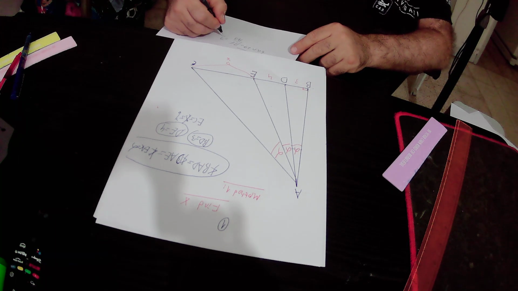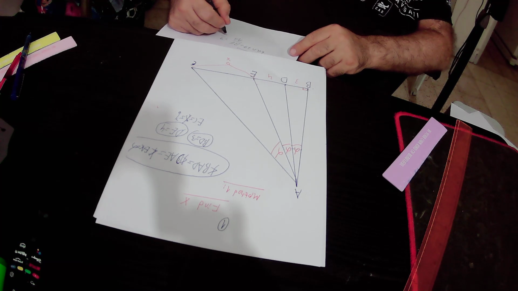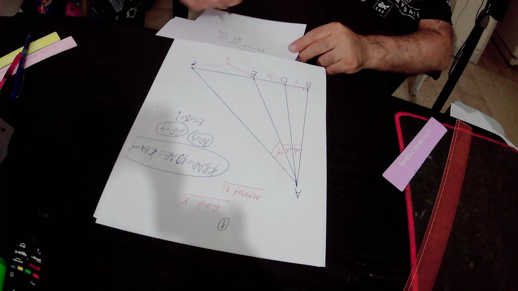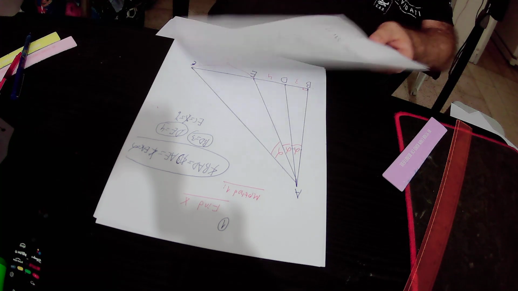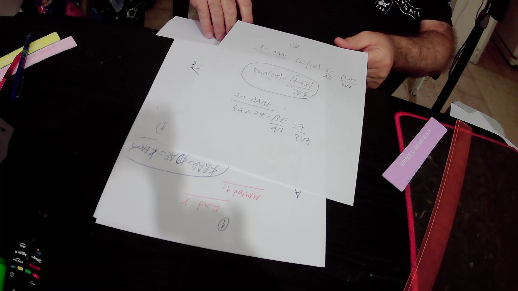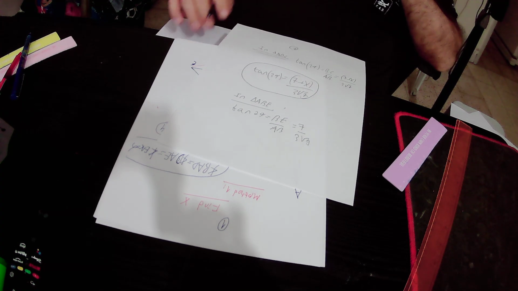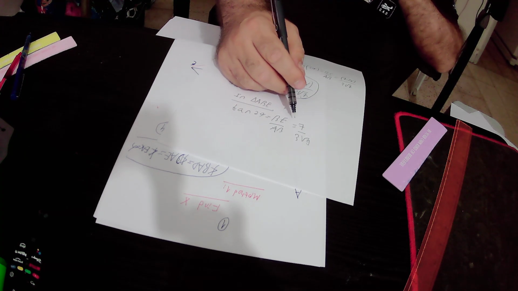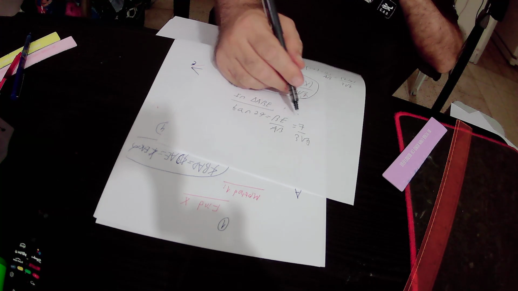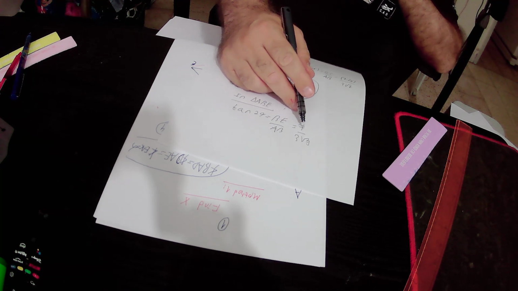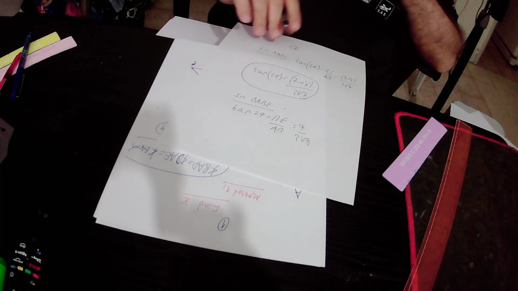And we have already found out that AB equals 3 times root 7. So in total we found that tangent 2 alpha equals 7 over 3 times root 7.